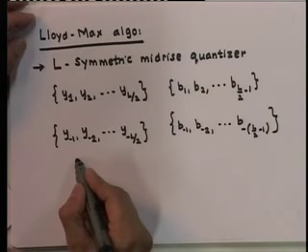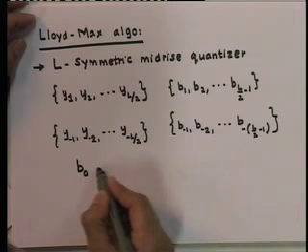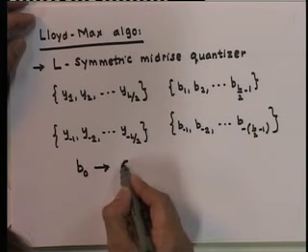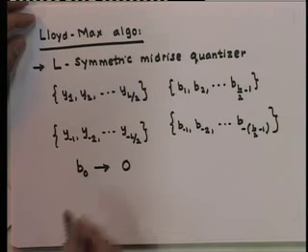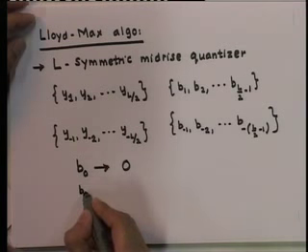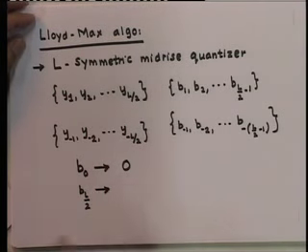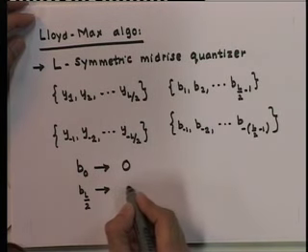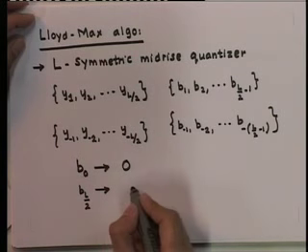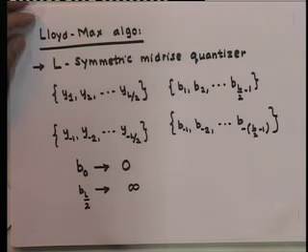The decision boundary b_0 is 0 and the decision boundary b_{L/2} is simply the largest value the input can take, and for the unbounded input this would be infinity.